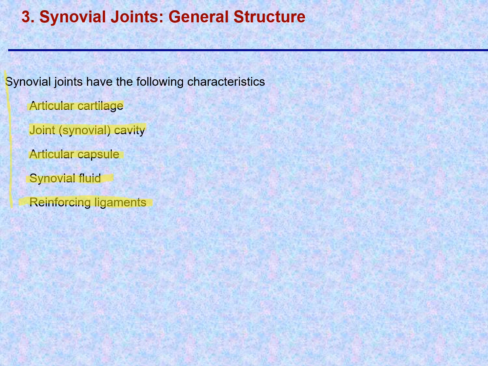So these are the 5 key structural characteristics of a joint. On its inner surfaces where bones meet, there is articular cartilage. There's a space, a joint cavity, also called the synovial cavity. There's a surrounding articular capsule. The joint cavity is filled with synovial fluid, and around the whole structure there can be quite a few different reinforcing ligaments.